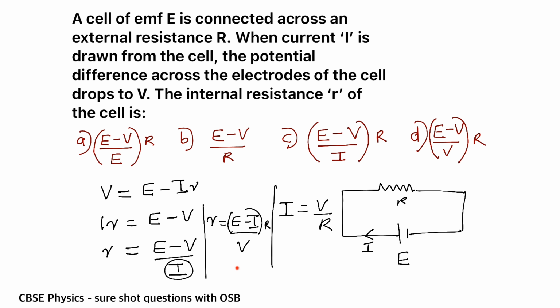The R in the denominator of the denominator comes to the numerator. So r is E minus V by V into R. It is very clear: Option D is the right answer. Hope all of you understand.